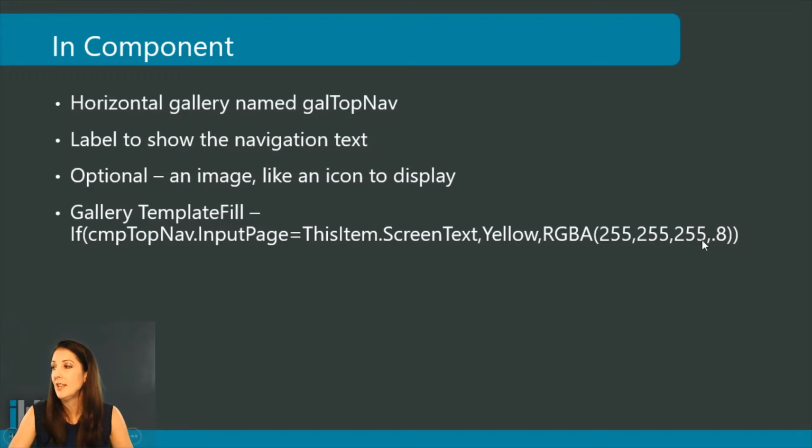This RGBA is just a faded white that I'm using. Instead of solid white, it's faded because it's got the 0.8. So if the component top nav input page equals this screen that I'm on, then it shows as yellow, otherwise it's white. So that's the template fill property on the gallery.